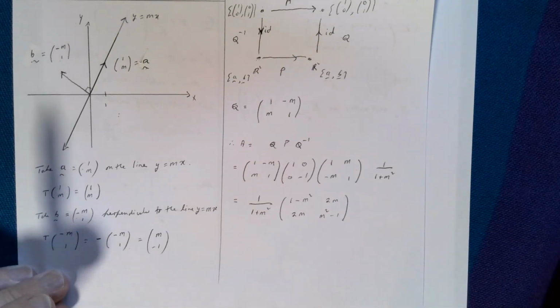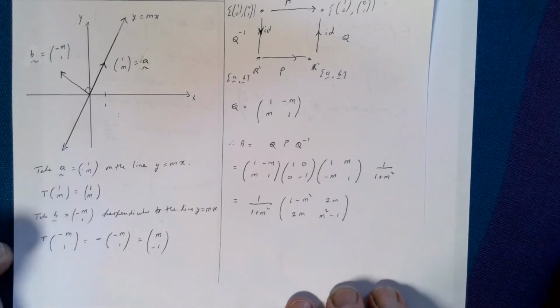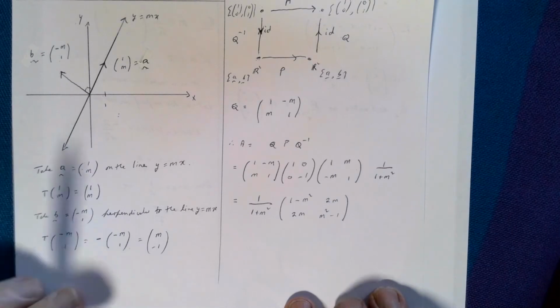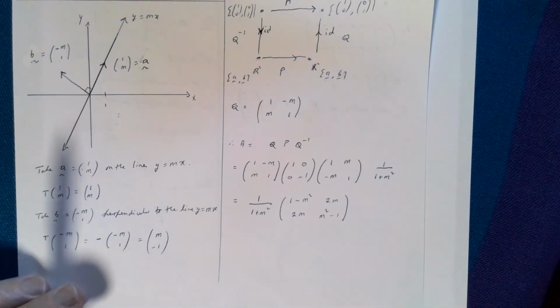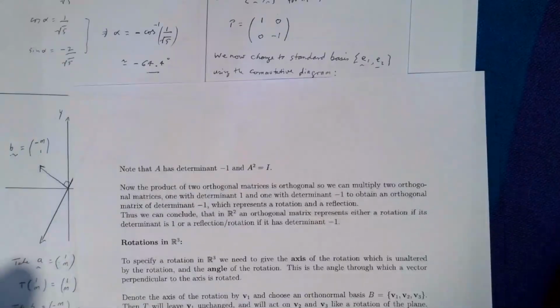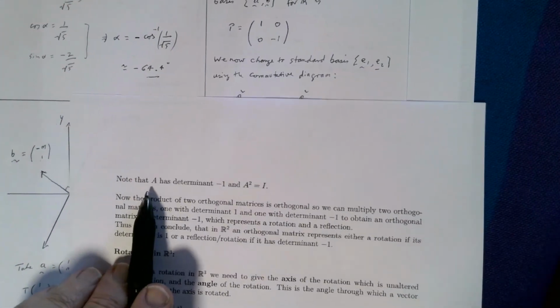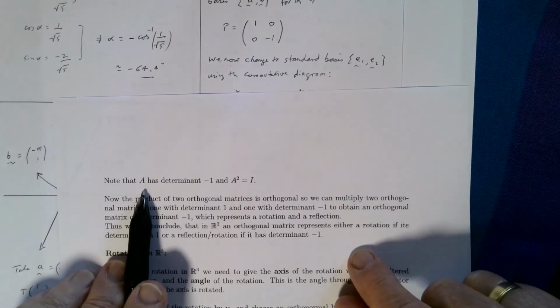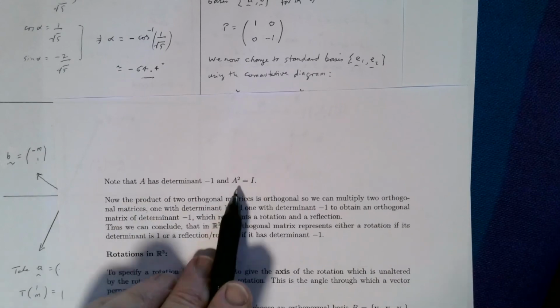So that's the representation for the reflection matrix, and these are the two basic isometries in R2. And notice then that this matrix has determinant -1, and if you square this you get the identity, which makes sense.